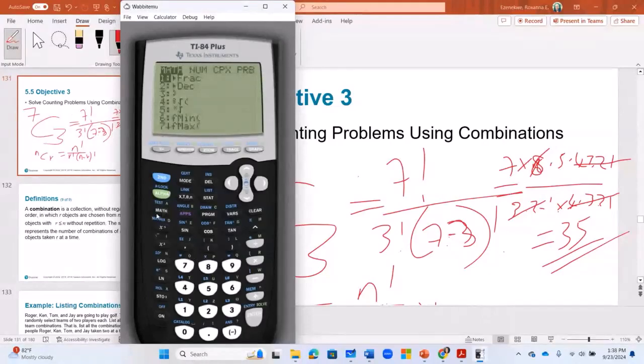Go to math, arrow to PRB. I hope you're doing it with your calculator. Combination is number 3. 7 combination 3, which means I can use my calculator to solve any problem in combination. If I do it by hand, if it's an easy question, I'll get the same answer anyway. So there are 35 different ways I can select 3 shoes out of 7 to donate.